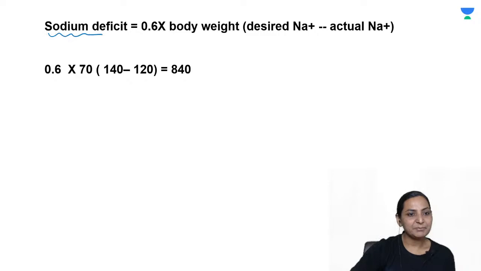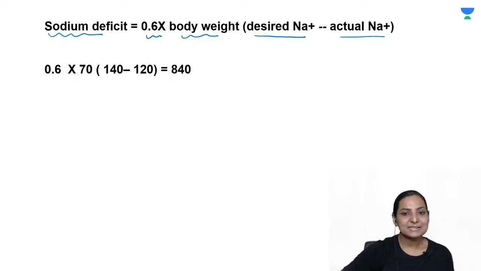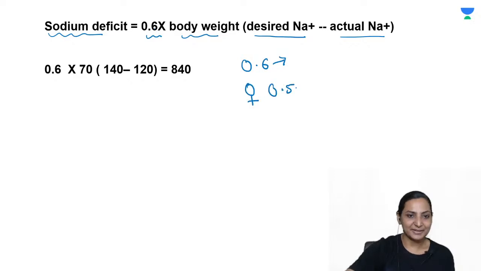Sodium deficit can be calculated as 0.6 into body weight multiplied by desired sodium minus actual sodium. So this factor is constant. In males it is 0.6, whereas in females it is 0.5.